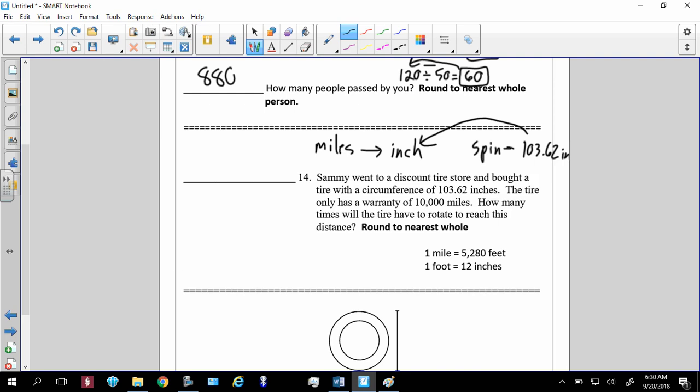So we started off with 10,000. There's 5,280 feet in a mile. Get a number. Then take that number and times it by 12. Get another number. These are how many inches there are in 10,000. Divide that by 103.62. You do the math.